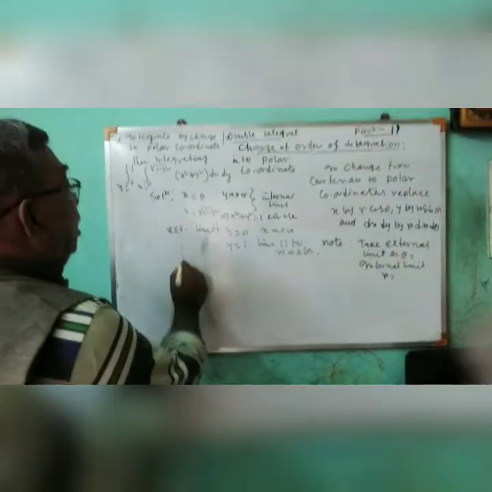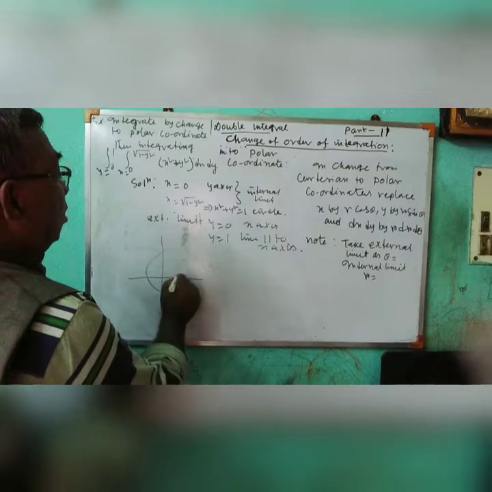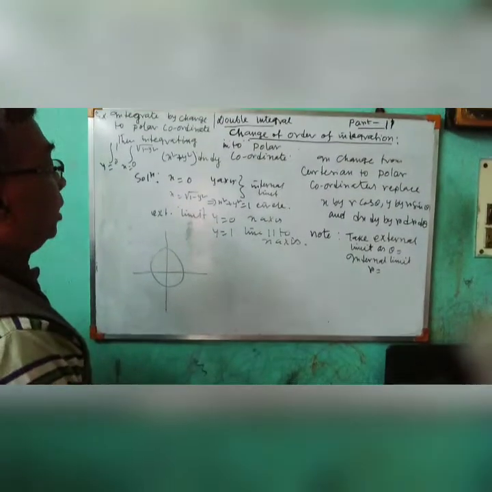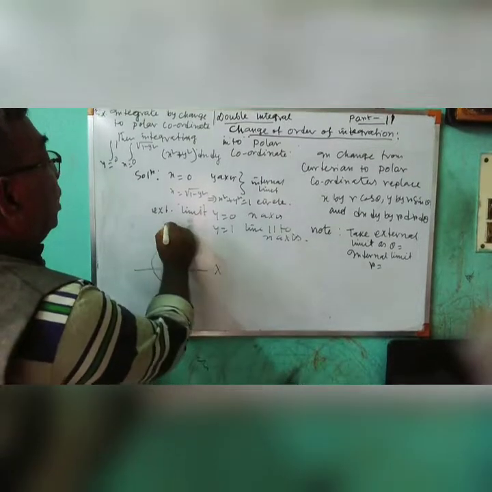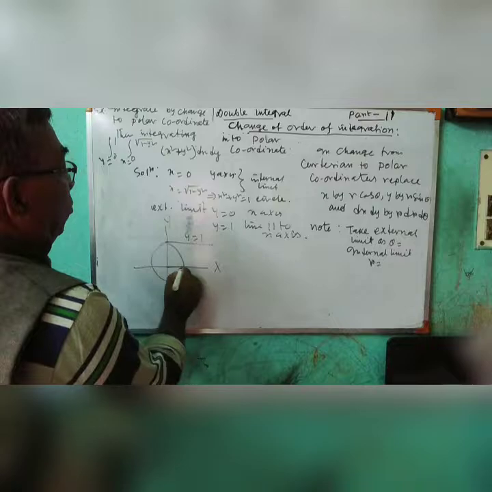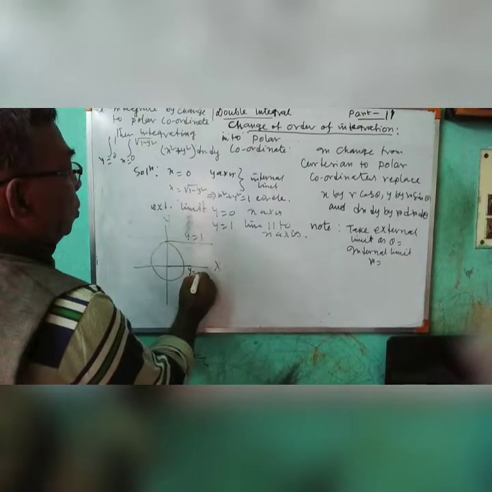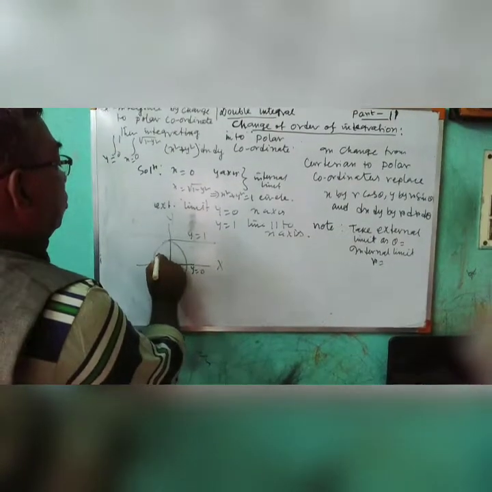From this, I am just drawing a rough sketch. This is a circle of radius 1. This is the x axis, this is the y axis. This is y equal to 1, this is y equal to 0. This is the origin.